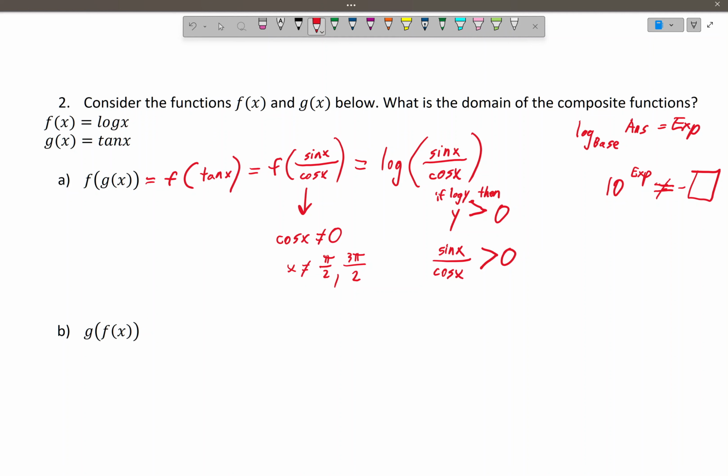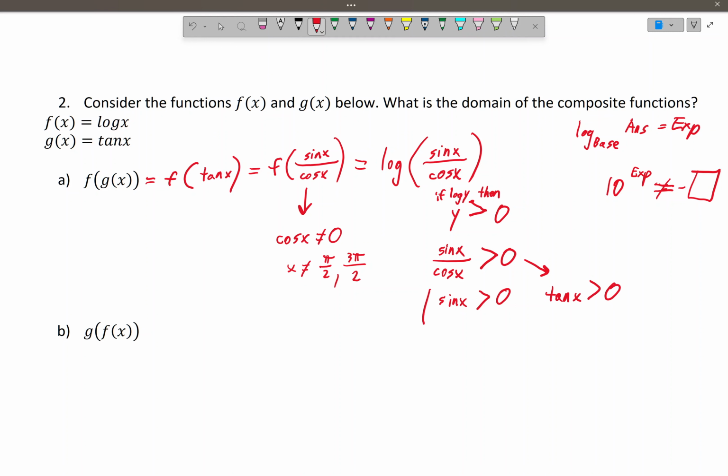Can't even equal 0. Yeah, so that means that sine x must also be greater than 0, and tan x must be greater than 0.